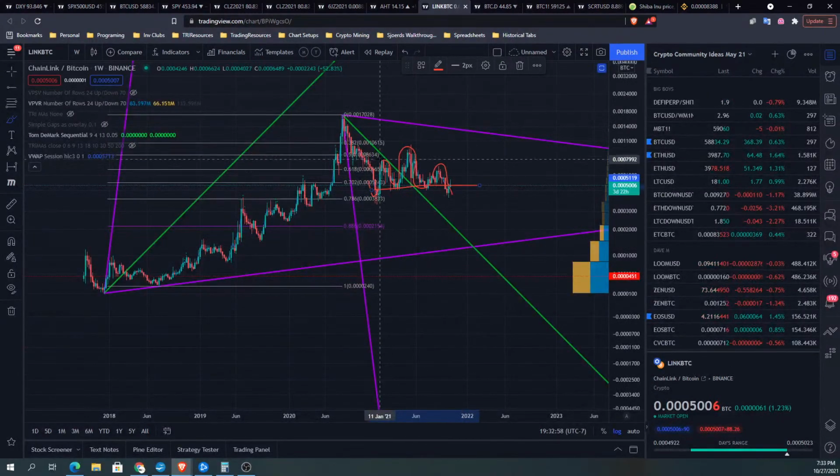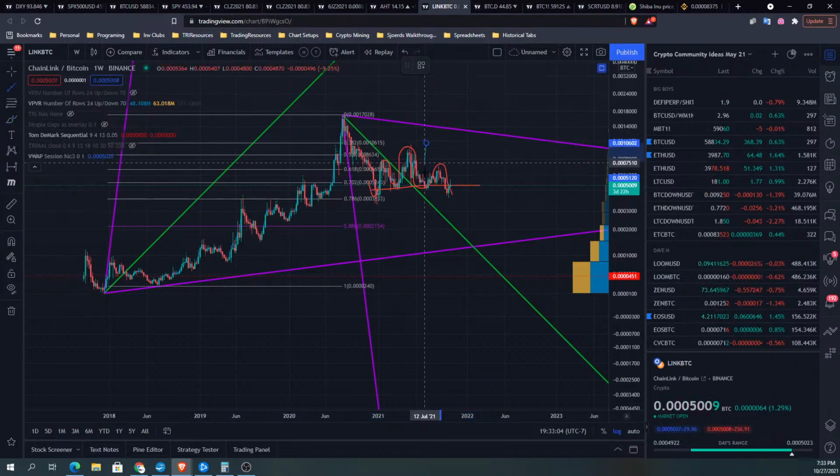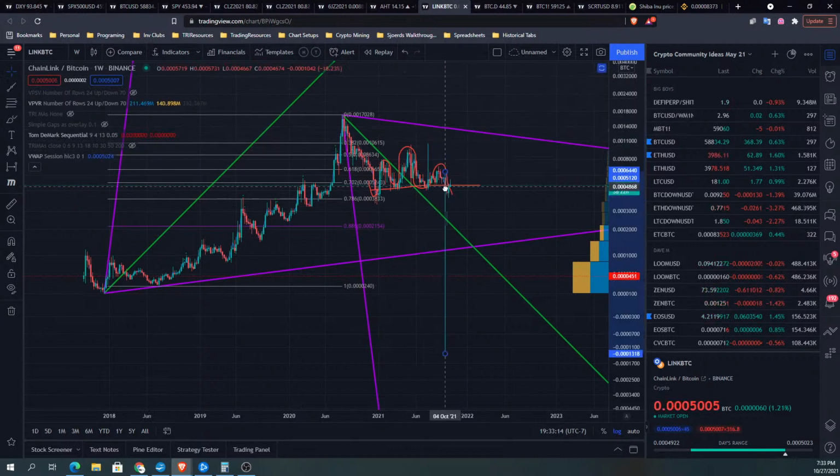So that head and shoulders, can you see how, if Bitcoin goes ape shit here, because this is versus Bitcoin, it's not really like this thing, Link, is going to go off the board. It's just that maybe it just needs to stay exactly the same.